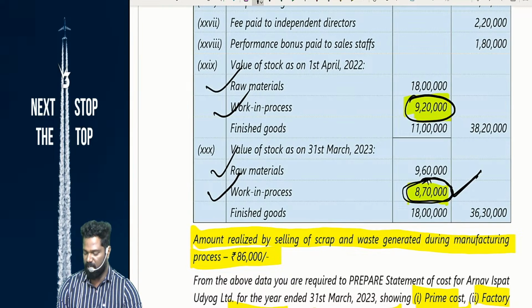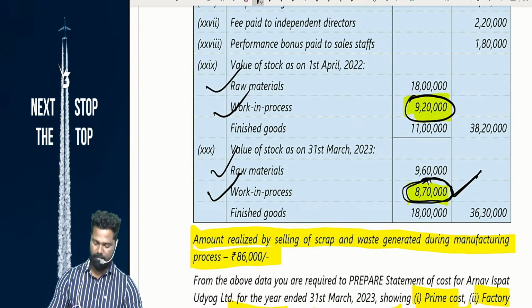Whatever we arrive at is called what? Net factory cost or factory cost. How much is the amount? 10 lakh or 10 crore? 10 crore 80 lakhs 83,100. Sorry, 80 lakhs 83,100.